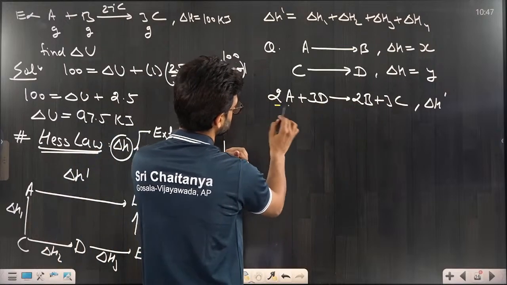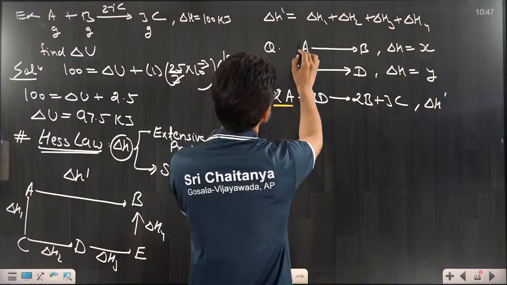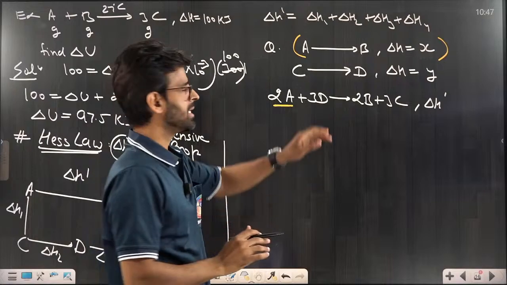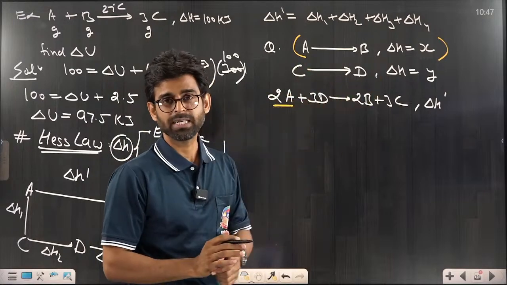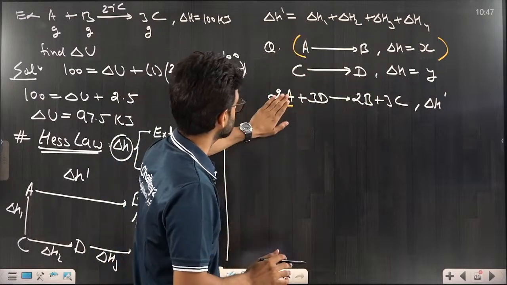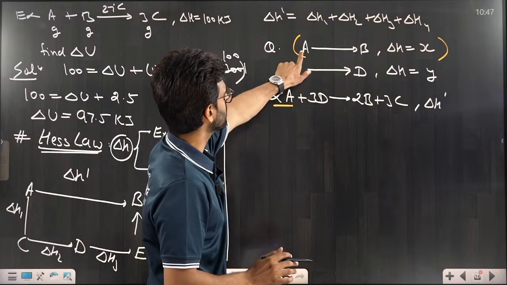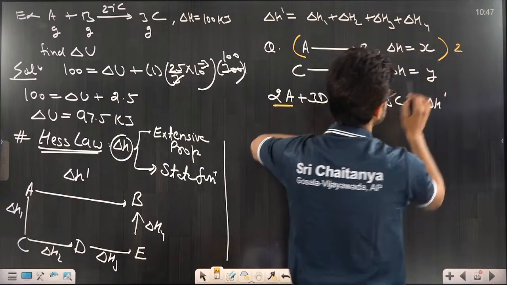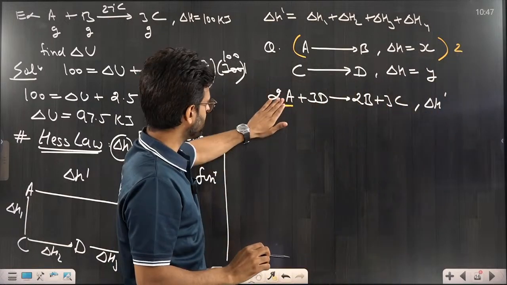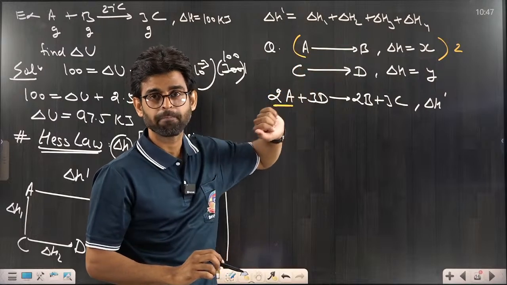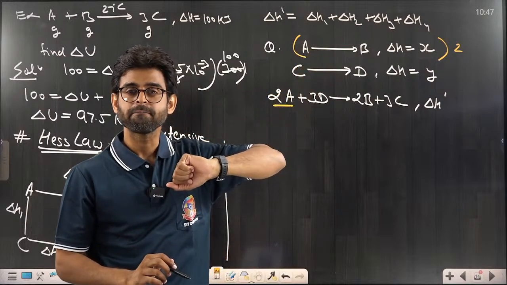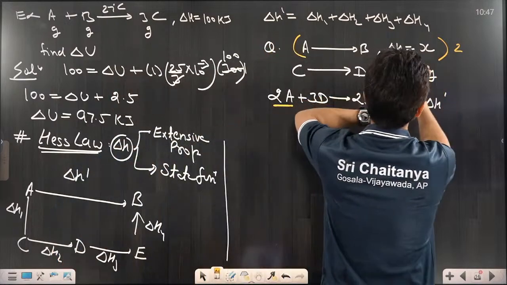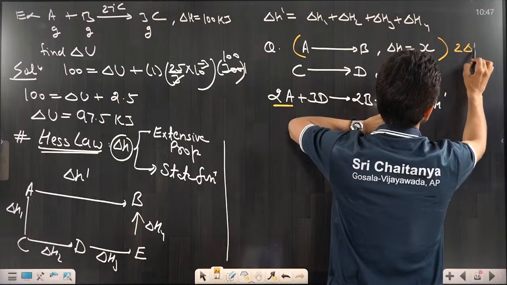What I need is A. A is present in the first equation, so I will use the first equation to get A. But I need 2A, and here it is only 1A, so I will multiply by 2. Side: left side here, and left side there, so no need to flip. Just use it as 2 of delta H1.